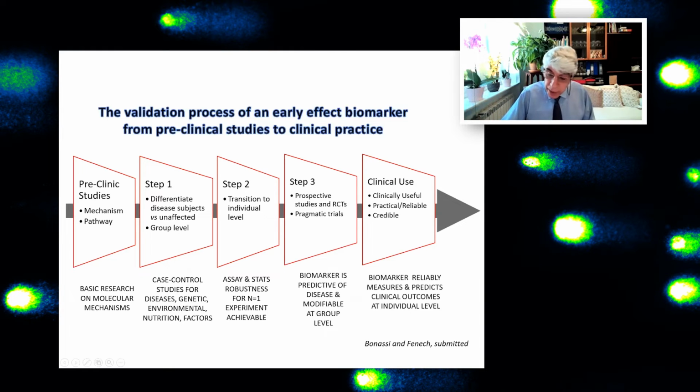This is a paper that Michael Fennec and I have written and is still submitted after 5 months to Mutation Research Reviews, and I hope that it can be accessible to everybody, because I believe it is a first effort to start a roadmap, to say what we should do before these biomarkers can be used in clinical practice.